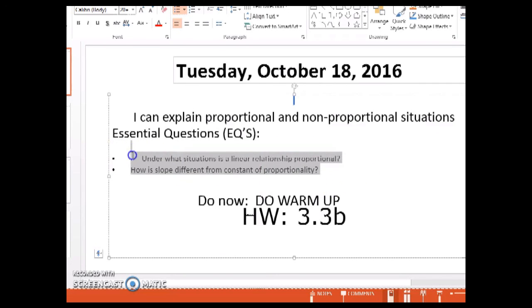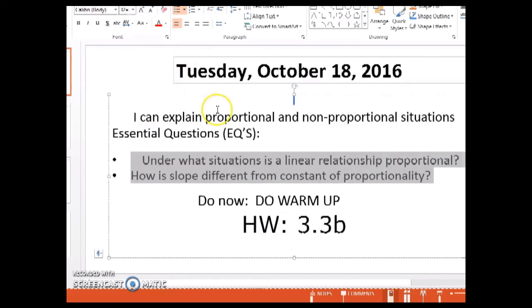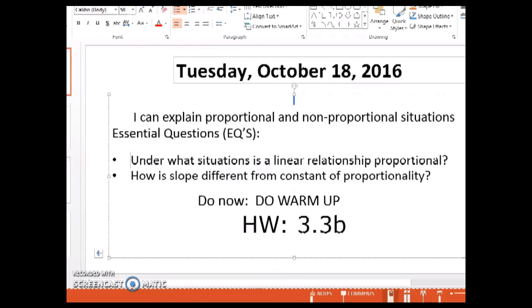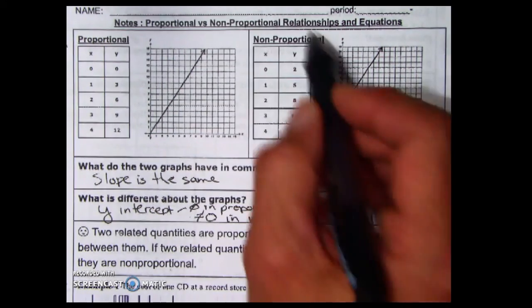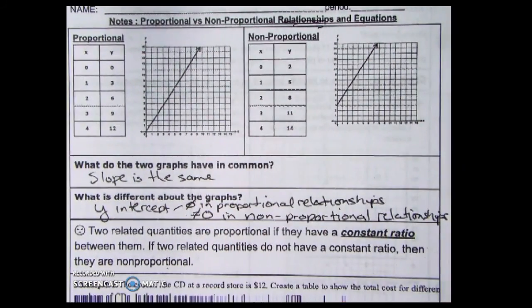Under what situations is a linear relationship proportional? How is slope different from the constant of proportionality? Those are the two guiding questions for today. The concept here is all about relationships.